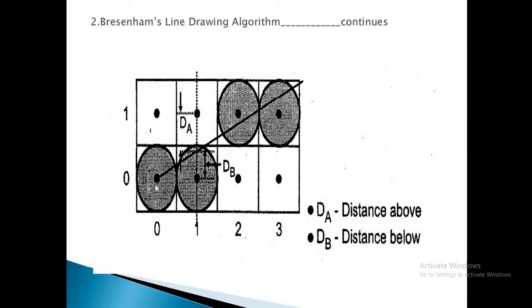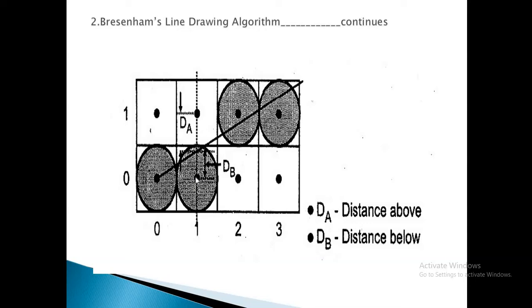Here is the figure of Bresenham's line drawing algorithm. In this, dA and dB, that is the distance above and the distance below, are found. Here is the scan line, and we find the nearest pixel.